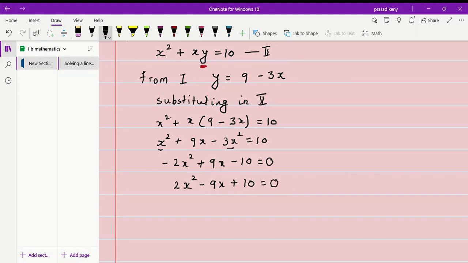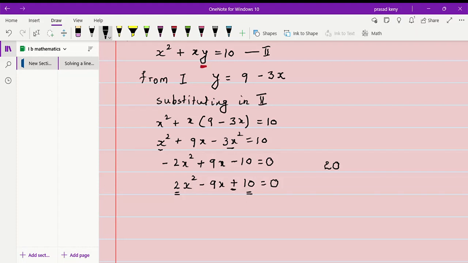So I will factorize it now. Here x square has coefficient 2 and the constant is 10. And we have already seen, whenever x square has got some coefficient, first multiply it by the constant. So 2 into 10 is 20. Now, since the sign of the constant is plus, I will consider the sum of the factors.